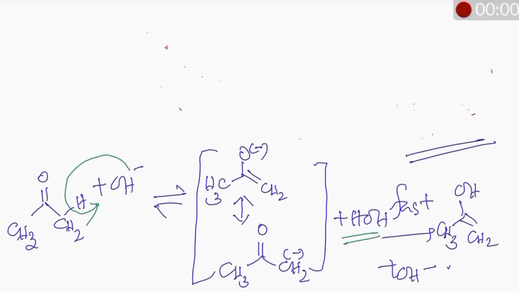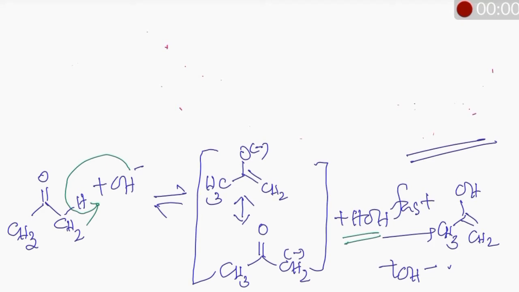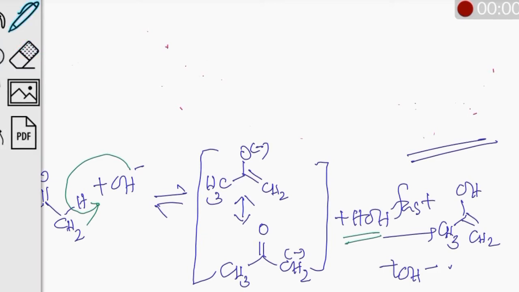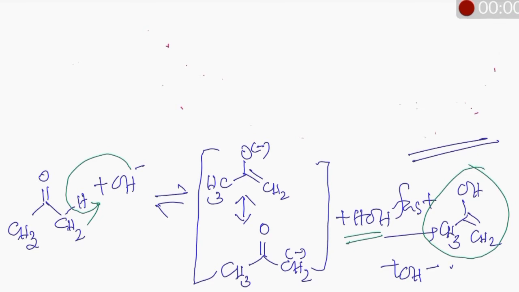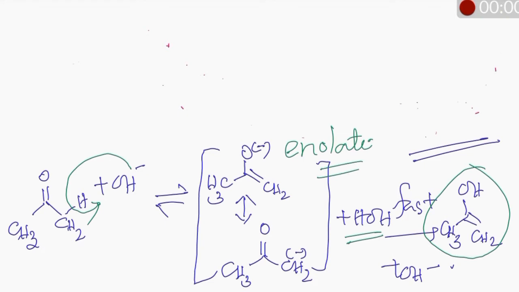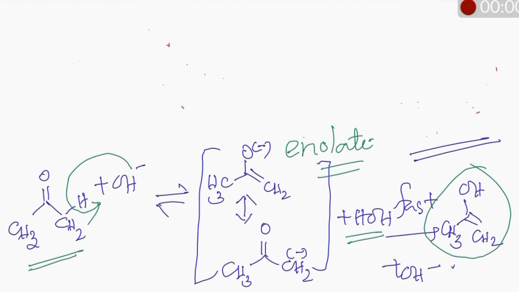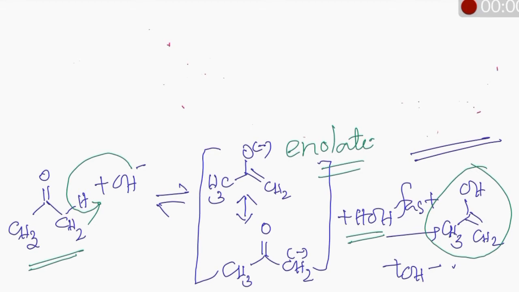And as can be seen, these processes are essentially acid-base reactions and involve many equilibria. The points to be noted over here is this is what we call enols, and this is what we call enolate. If you take a carbonyl compound as a Bronsted acid, this carbonyl compound is more acidic when compared to its hydrocarbon analogue.